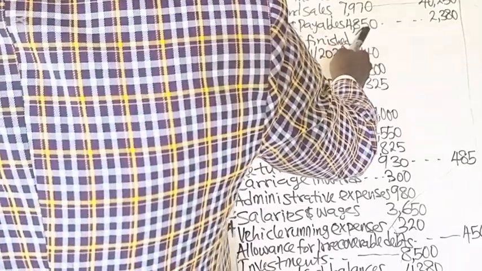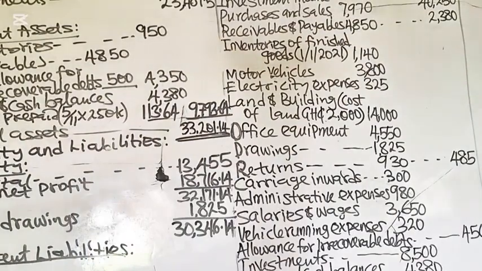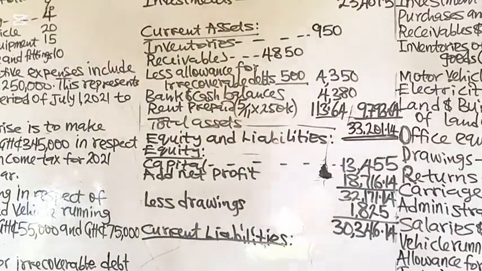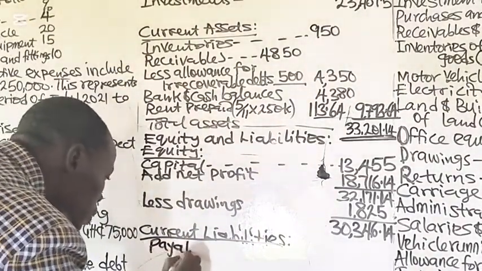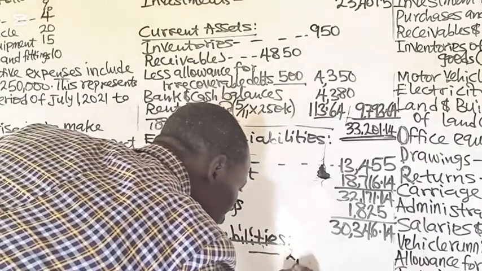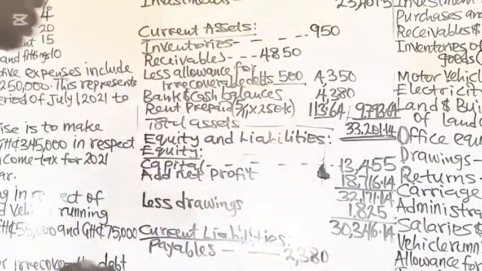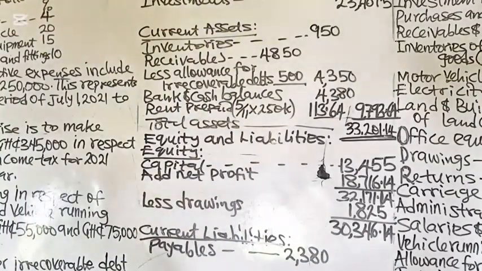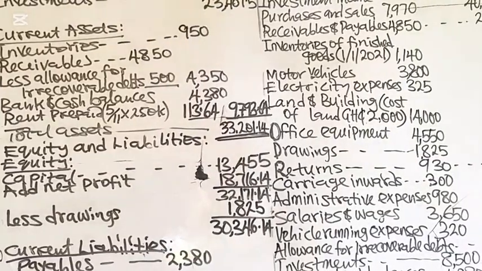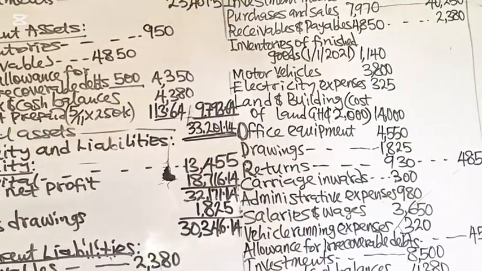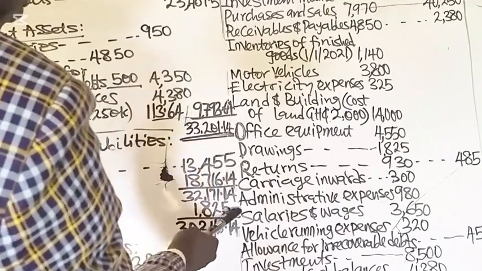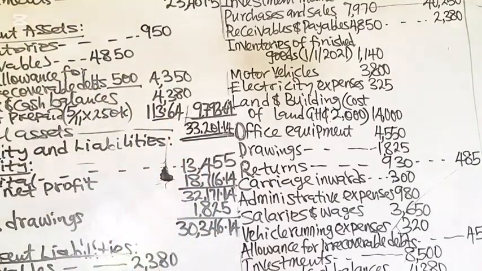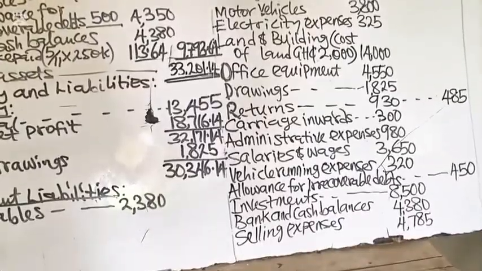This is receivables, while this is payables, 2,380. Apart from the payables in the trial balance, do we have any other item of current liabilities? So let's go through. There are no other items of current liabilities in the trial balance.